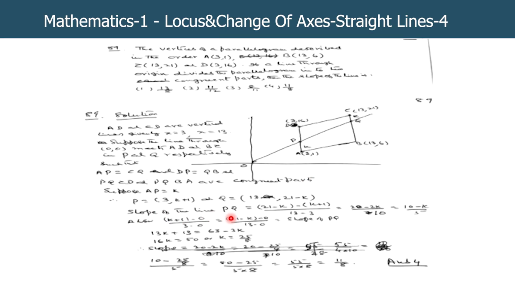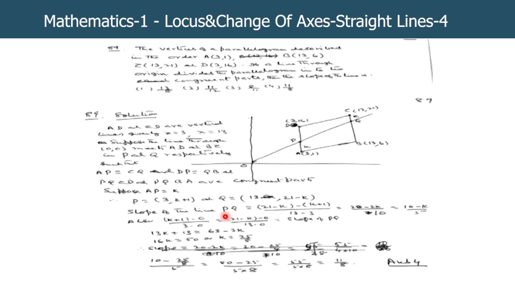Now, the slope of the line PQ: if you substitute, you get (K+1-0)/(3-0) is equal to (21-K-0)/(13-0), which is the slope of PQ.